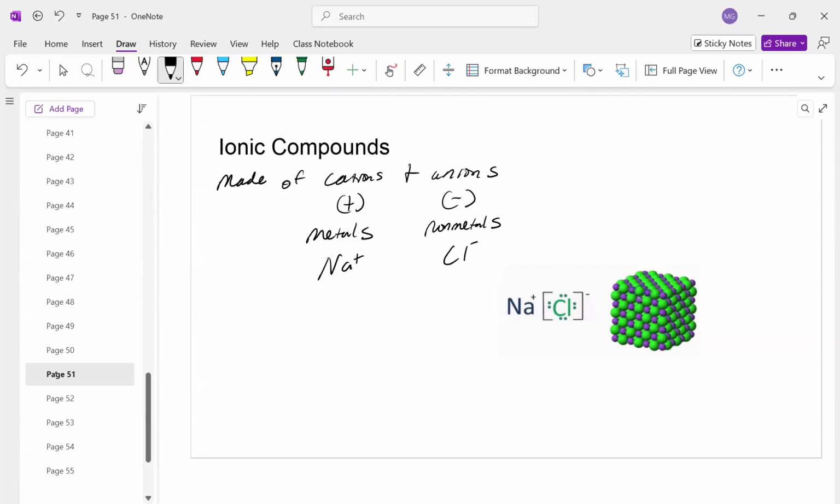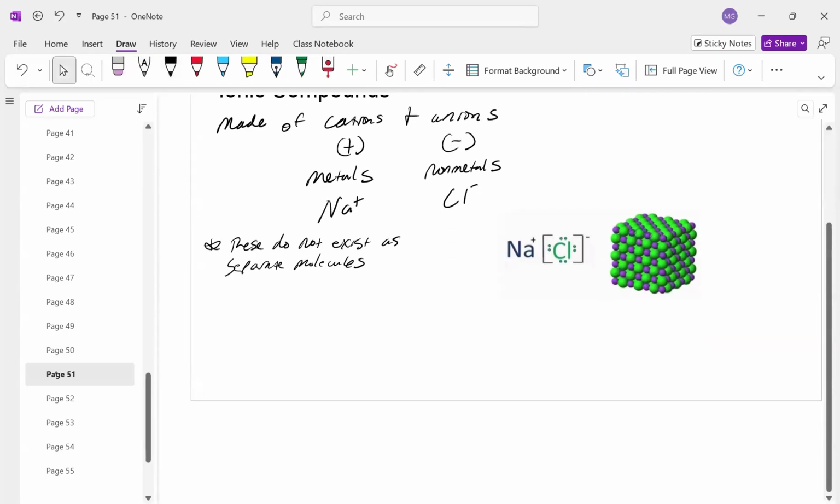Now, when those bond, these do not exist as separate molecules. In fact, it was highlighted that they exist as crystals or lattices with repeating units.